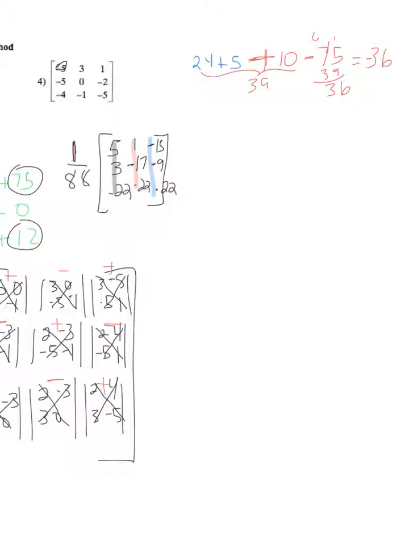So when I get rid of this one, it's going to be a matrix 0, -2, -1, -5. So then get rid of this one. It's going to have a matrix of -5, -2, -4, -5.